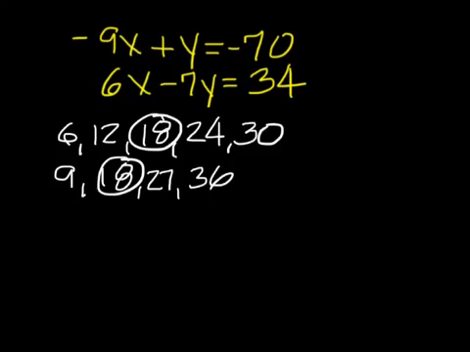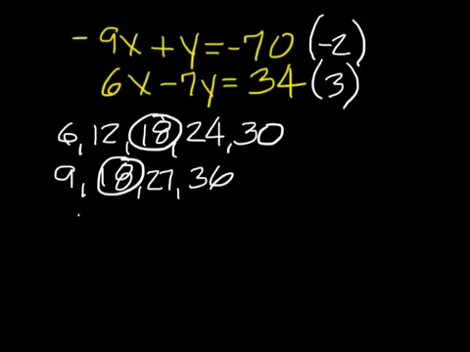Okay, so it's 18. What do I multiply negative 9 by to get a positive 18? Negative 2. And what do I multiply 6 by to get a positive 18? 3. So you have to multiply the entire first equation by negative 2.